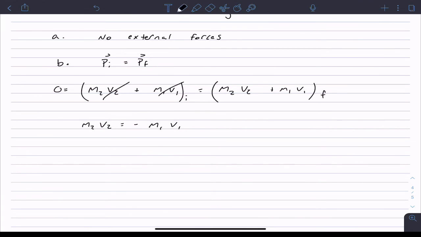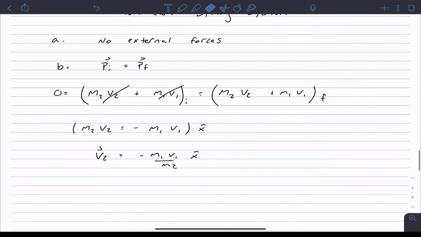And these are both in the x-hat direction, right? So now, what did it want? It wants the velocity of cart 2, so V2 is equal to negative M1 V1 over M2 x-hat. There we go. So that's your velocity.